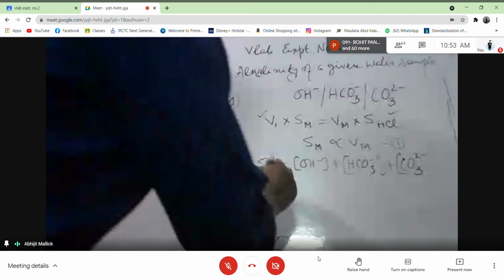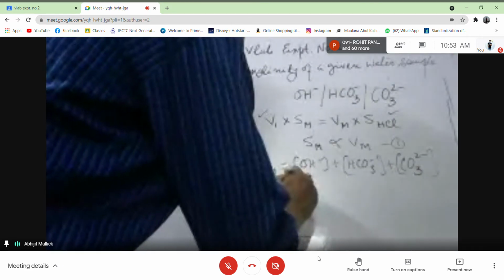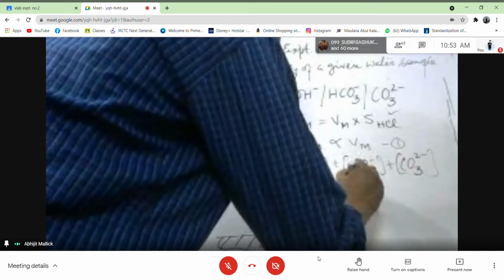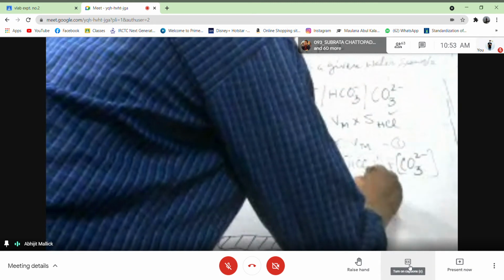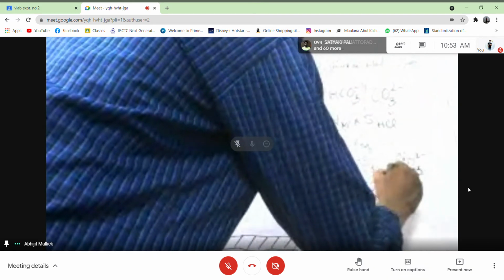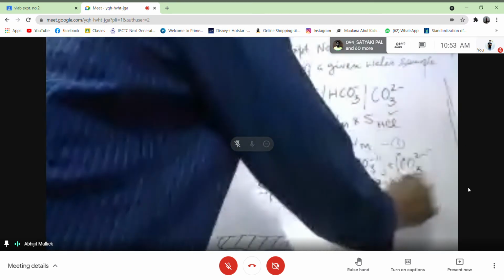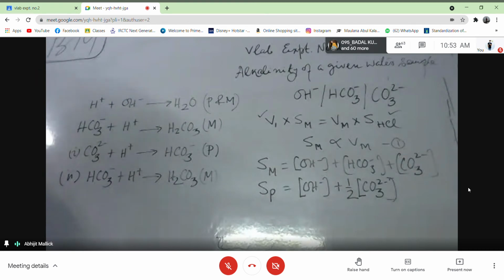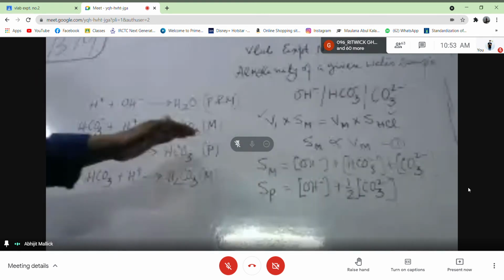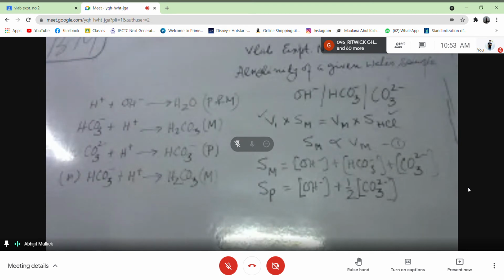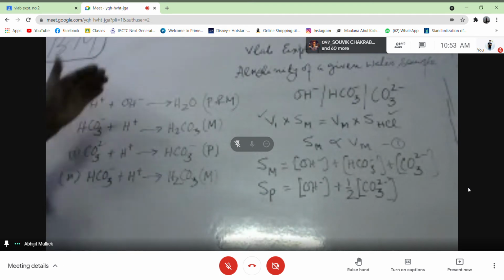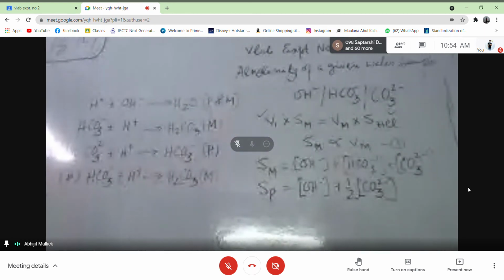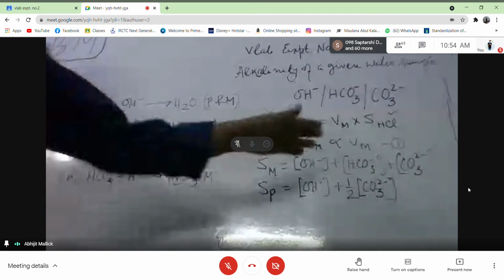So SP we can write in this way: SP is equal to total OH minus plus half, 50% of carbonate ion. So these two only can be determined theoretically. Practically, it is not possible to determine half carbonate ion. Theoretically, according to the reactions, total OH minus and 50% of carbonate ion can be determined by phenolphthalein, and all three can be determined by methyl red.